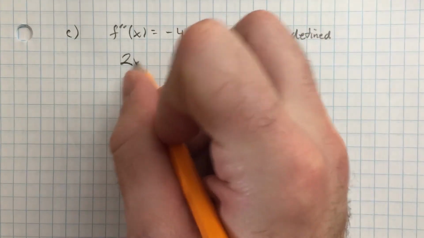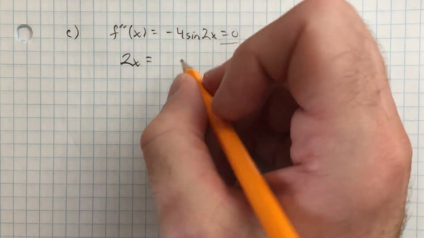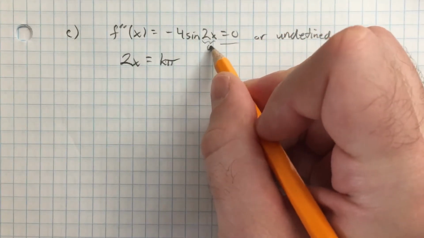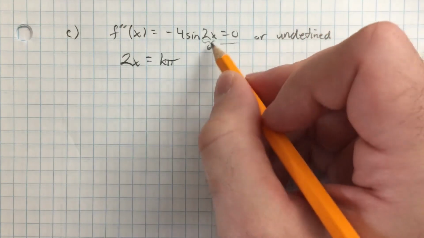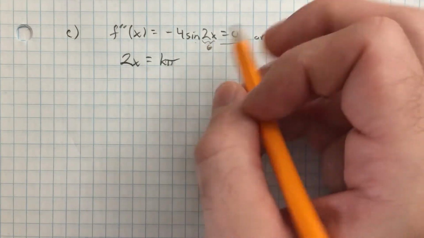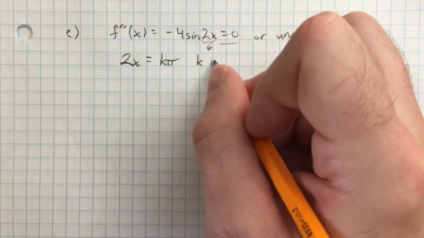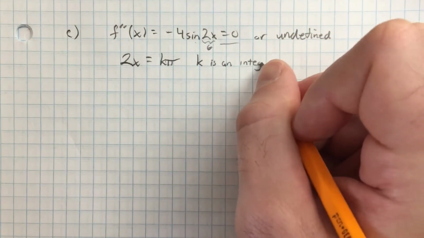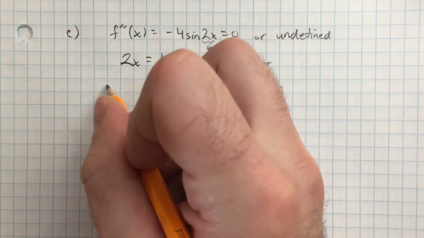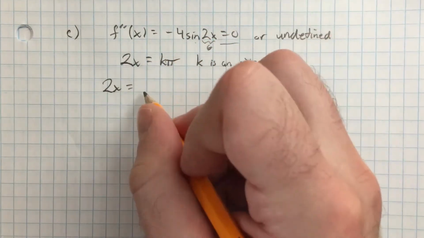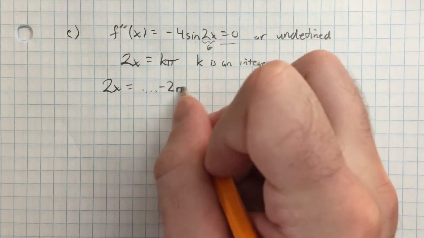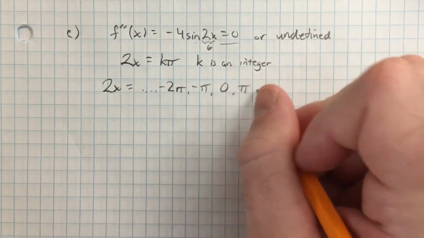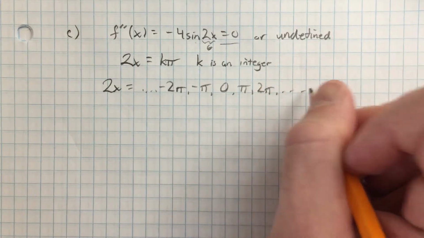That would mean that 2x has to be equal to k pi, because we know that is the type of angle that makes the sine function equal to 0, k pi, where k is an integer. If we take a few representatives of this set, we'll get something like 2x equals negative 2 pi, negative pi, 0, pi, 2 pi, and so forth.